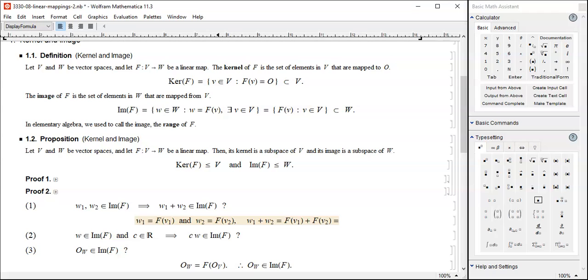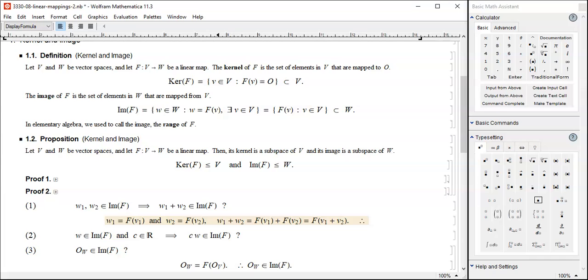And then, using the properties of linear map, you can rewrite it like this, right? So, is this sum of the form f of some vector? Yes, indeed, we got it.